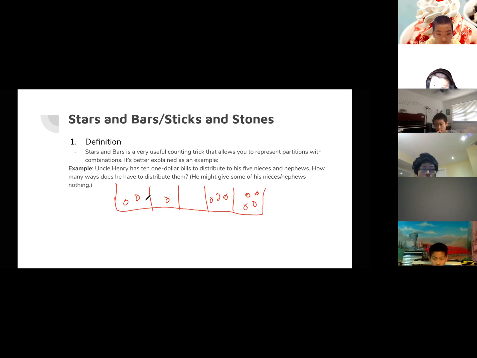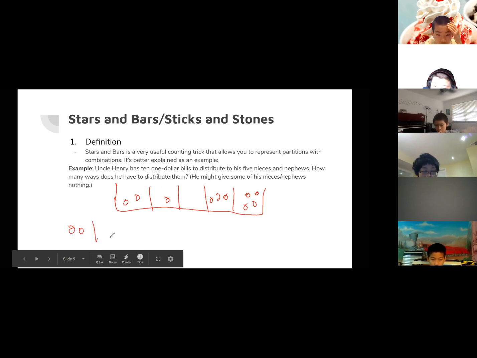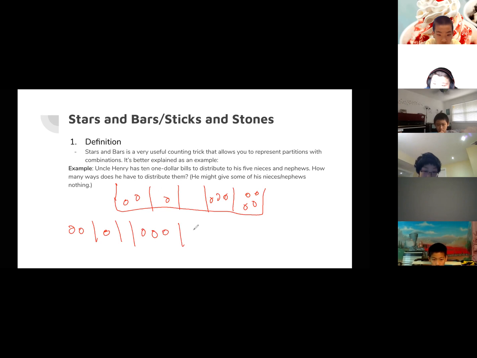If we take a look at these dots and the dividers, something like this can be represented as this. Does everyone see how you went from here to here? It's clear that no matter how you distribute these, you will be able to convert it into something that looks like this, with 4 dividers and 10 dots. And for anything where you have 10 dots and 4 dividers, you'll be able to put it like here.